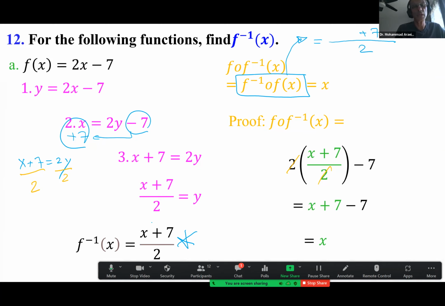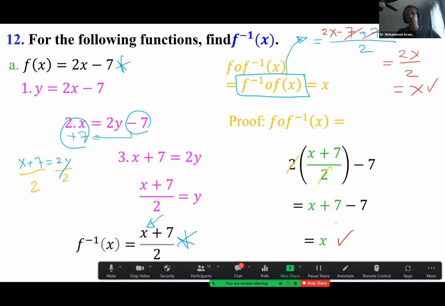We are going to replace the x with f of x, which is 2x minus 7. As you can see, minus 7, positive 7, they cancel each other. Get 2x over 2, which is x. So that is also the proof.